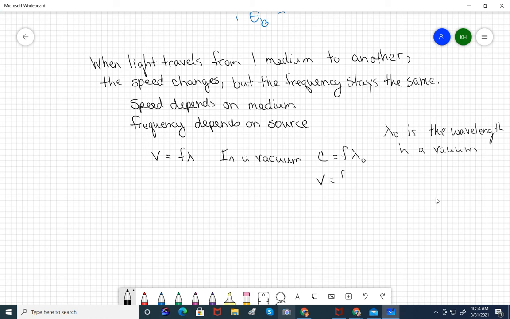And v equals f lambda. In this case, lambda is the wavelength in the material. Well, think about our index of refraction. Our index of refraction is simply c over v, which would be f lambda 0 over f lambda. And we see that we get a new ratio: the index of refraction is also the ratio of the wavelength in the vacuum compared to the wavelength in the medium.